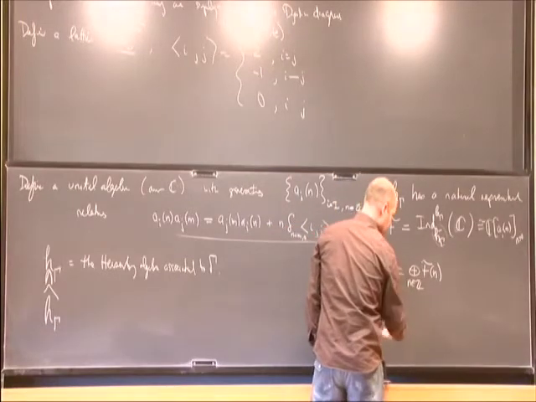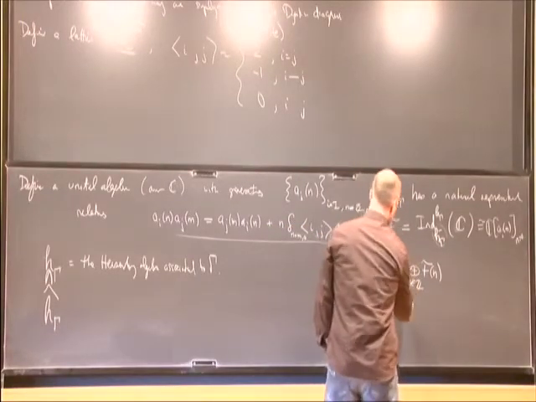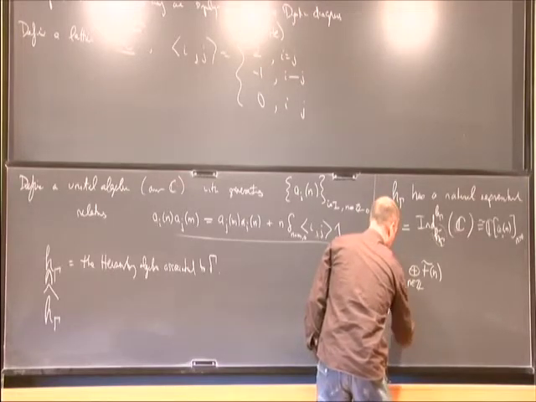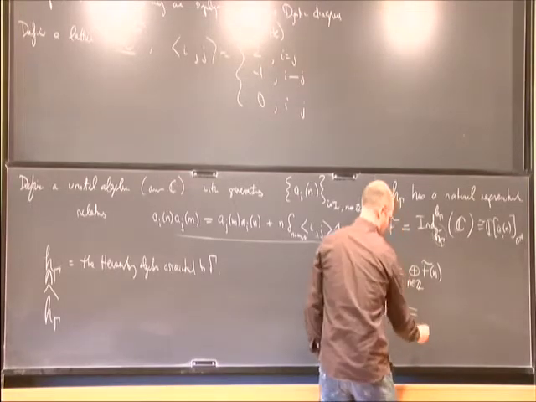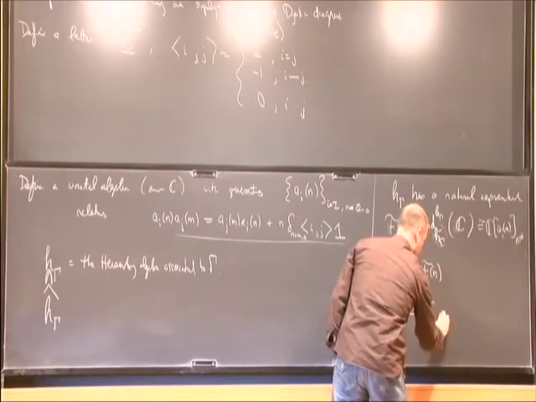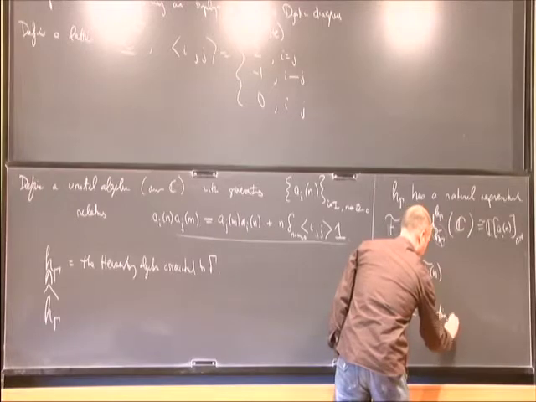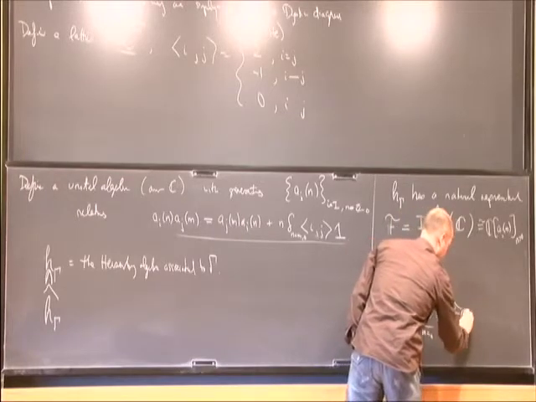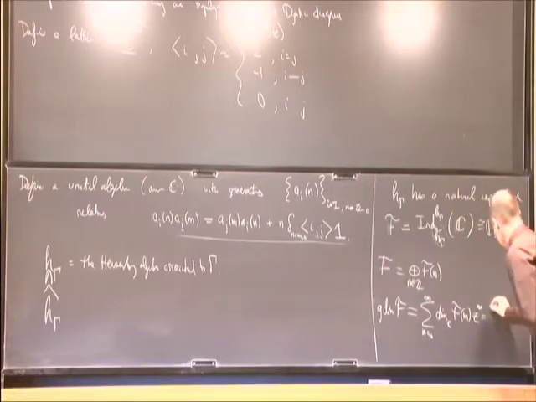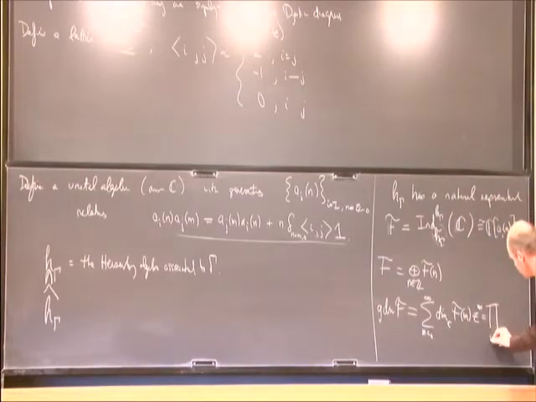The graded dimension of the Fock space, by which I mean the sum of the dimension of the mth graded piece times, say, z to the m. Well, so this is the graded dimension. k equals 1 to infinity.